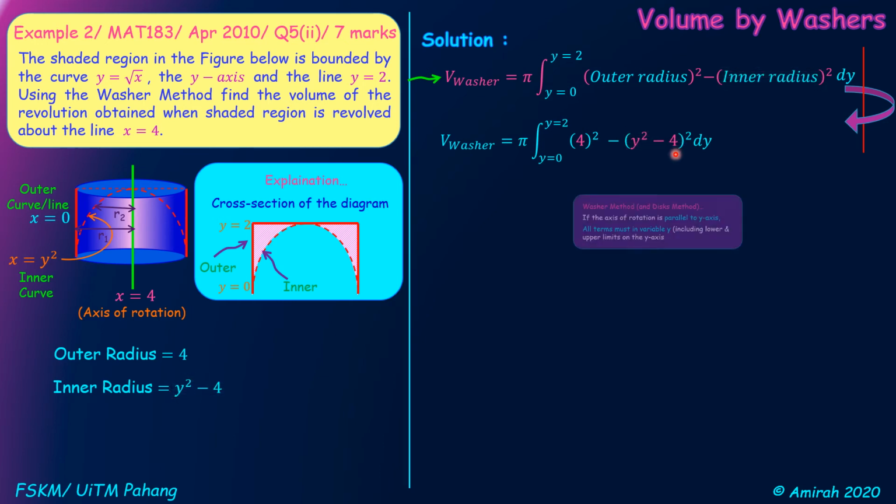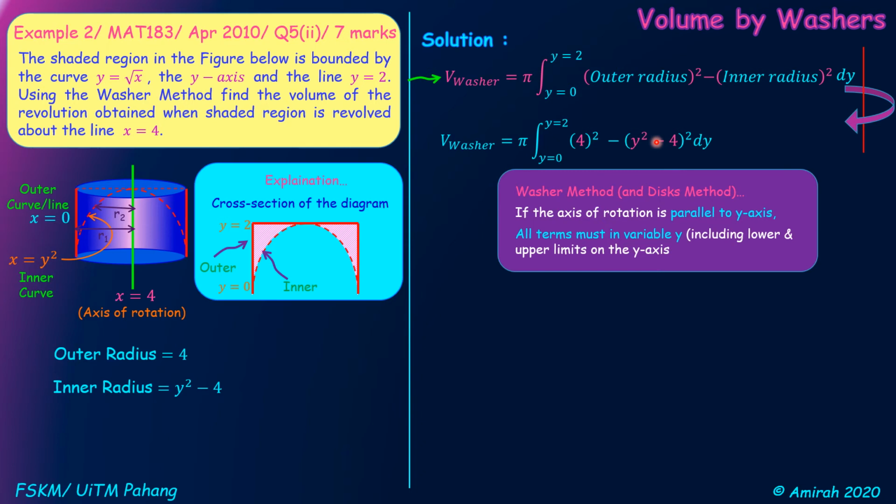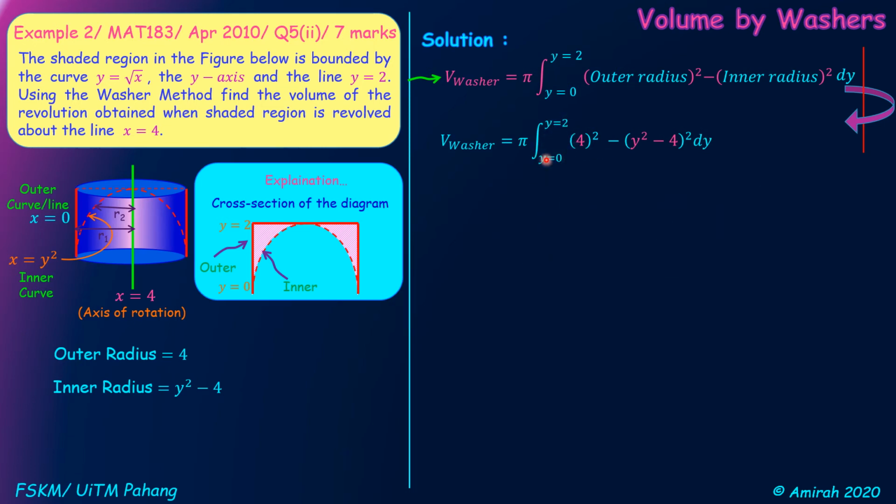Under the washer method, if the axis of rotation is parallel to the y-axis, meaning it's a vertical line, we write everything in terms of variable y, including the lower and upper limits, which are on the y-axis.